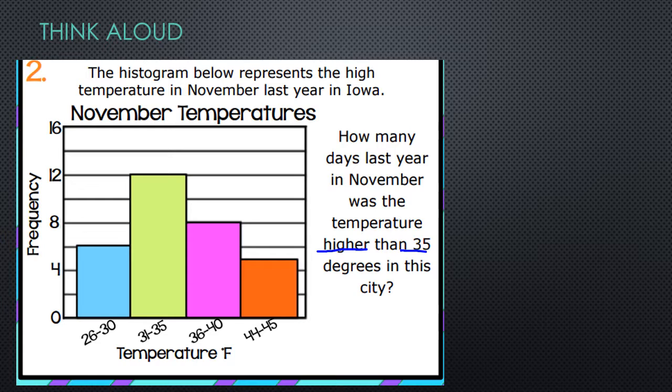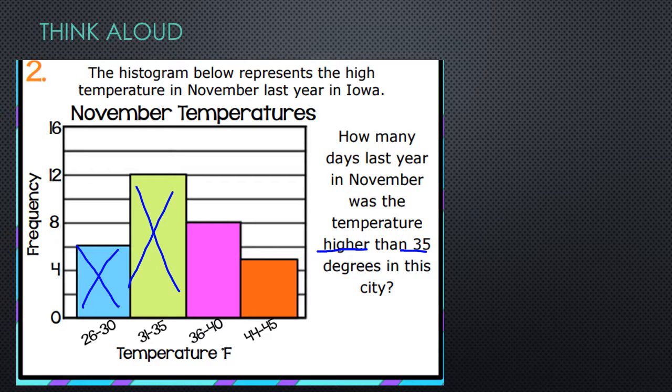So I cannot include the bars less than 35, and 31 through 35 includes 35, but it says higher, so we will not look at that one either. We're going to look at 36 through 40 and 41 through 45.